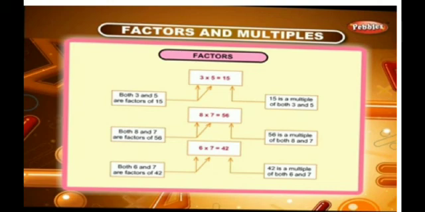So we can say both 8 and 7 are the factors of 56. So 56 is a multiple of both 8 and 7. 6 into 7 is equal to 42. Both 6 and 7 are the factors of 42. So we can say 42 is a multiple of both 6 and 7.